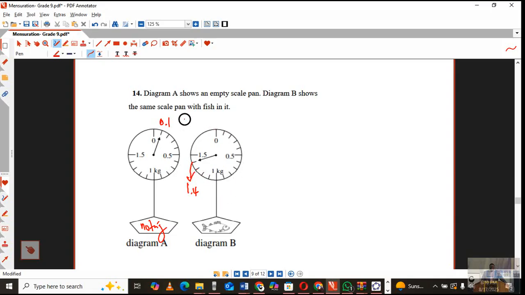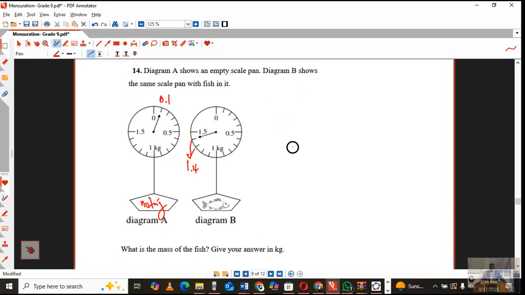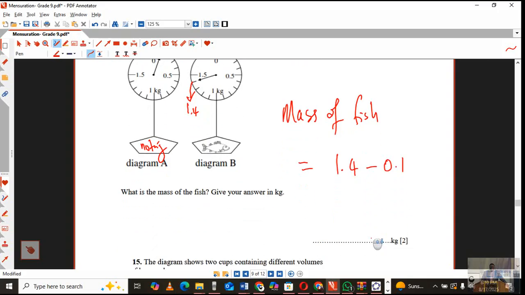In order for you to find the mass of the fish, you will be saying mass of fish is obviously 1.4 kilograms minus 0.1, because you started already at an error, so it's going to be 1.3 kilograms. So that's that calibration that you have to take into consideration.